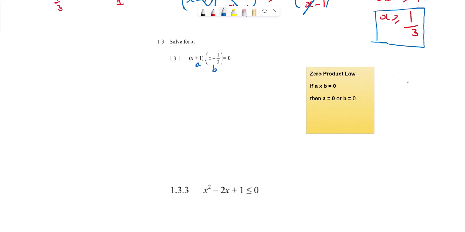So it's either a is equal to 0 or b is equal to 0. So it's either x plus 1 is equal to 0 or x minus 1 over 2 is equal to 0. Therefore, the values for x are x is equal to minus 1 or x is equal to positive half, or 1 over 2.